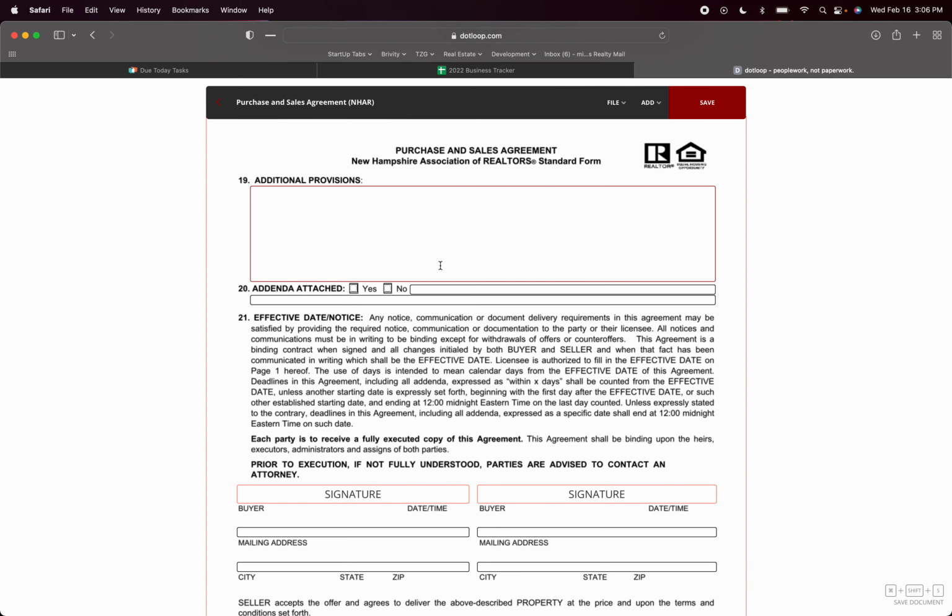If for some reason you have to write something yourself, there are things you want to keep in mind. Make sure that it is time bound. Make sure that there is a deadline for whatever it is that you're writing. You do not want to write something that essentially has no deadline and puts either the buyer or the seller at risk. You want to be very specific about who is responsible for what costs.